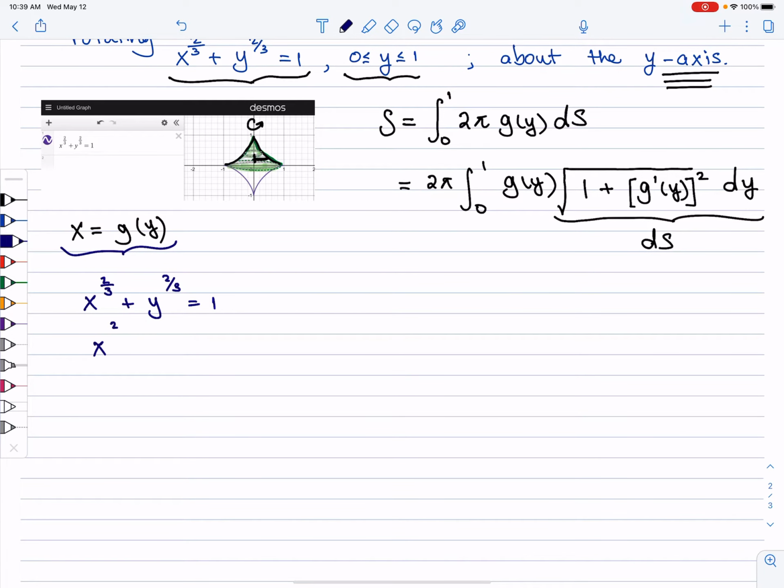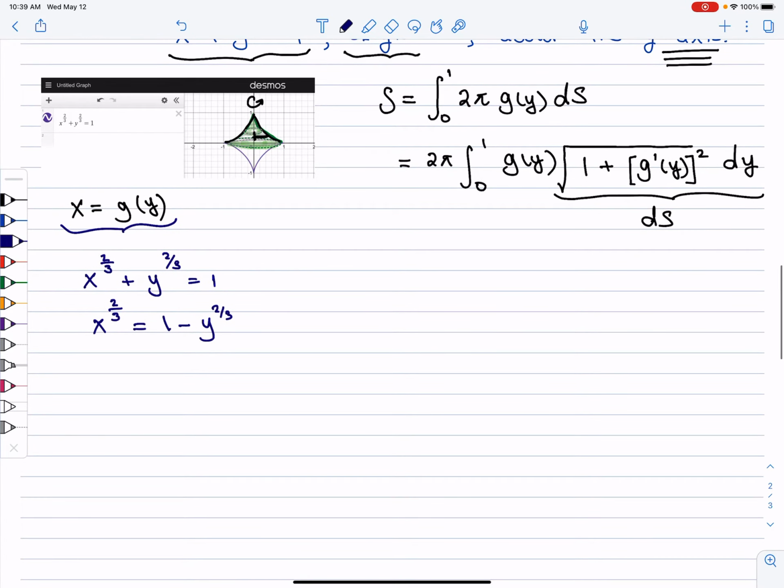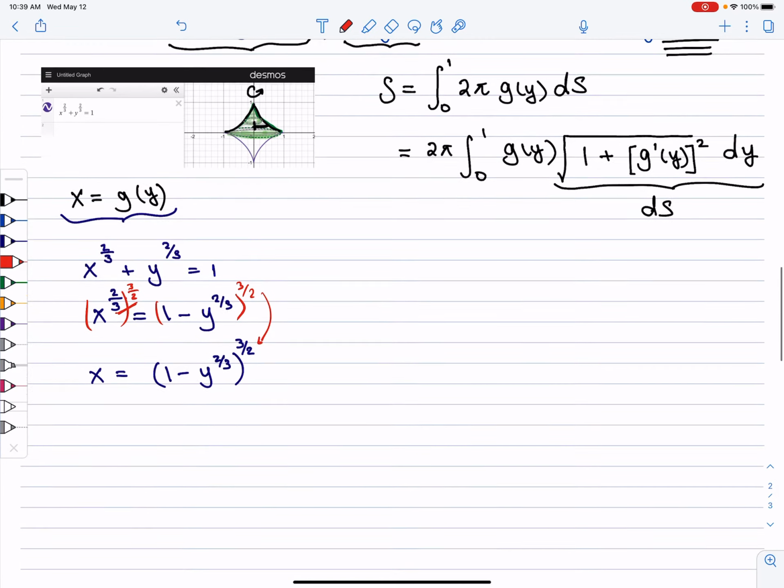So x to the 2/3 is equal to 1 minus y to the 2/3, or x is equal to (1 minus y to the 2/3) to the power 3 over 2. Because what I'm doing is raising to the power 3 over 2, so that when you multiply the exponents it becomes 1.